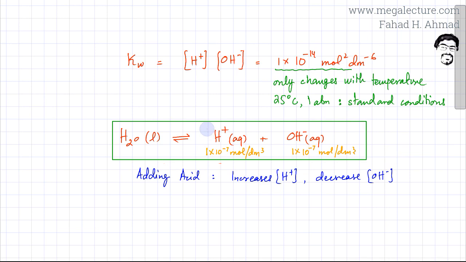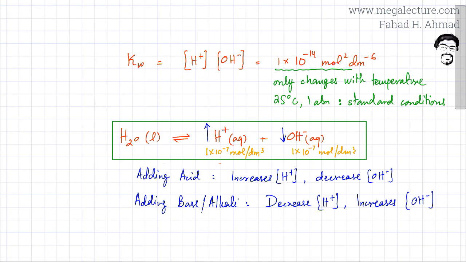So H+ concentration increases, OH- concentration decreases, but the value of the equilibrium constant Kw would remain exactly the same, because one of the terms would increase and the other would decrease, but the product would still remain exactly equal to 1 x 10^-14 under standard conditions. So adding an acid to water would have no effect on the water constant.